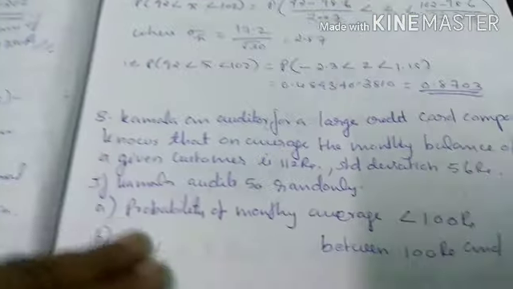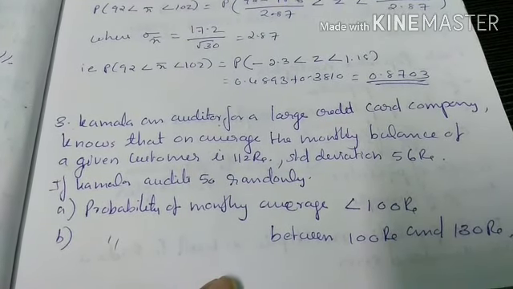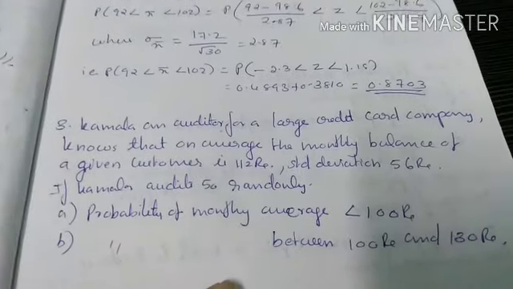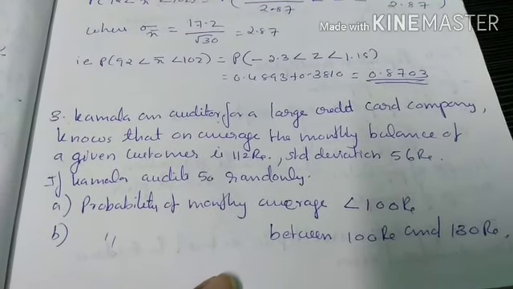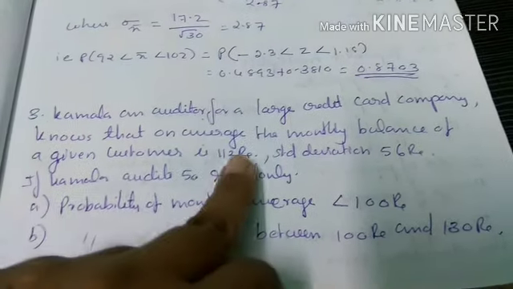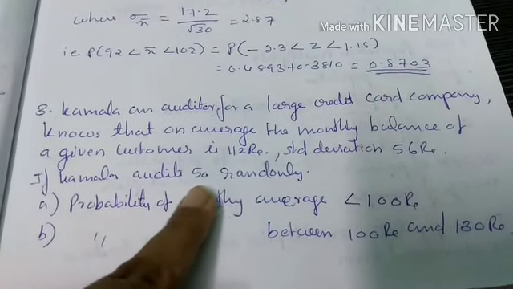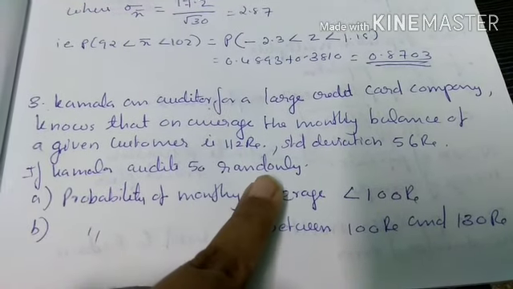Next question. Kamala, an auditor for a large credit card company, knows that on average the monthly balance of a given customer is 112 rupees, standard deviation 56. That is, the monthly balance may vary as plus 56 or minus 56. If Kamala audits, she audits 50 accounts randomly.